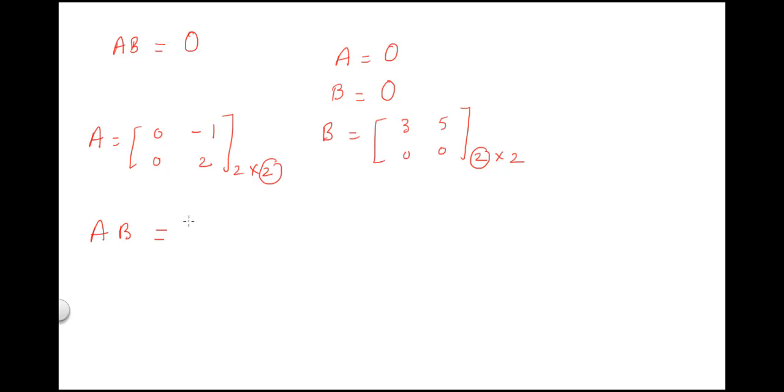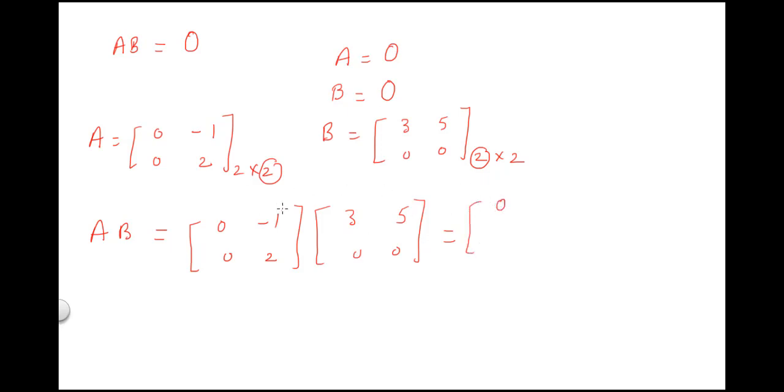Okay, let us multiply. So I'll write 0, minus 1, 0, 2. With it I'll write B matrix 3, 5, 0, 0. First of all, we'll do first row, first column. So 0 multiplied with 3 is 0, minus 1 multiplied with 0 is 0. So we get 0 as the answer.